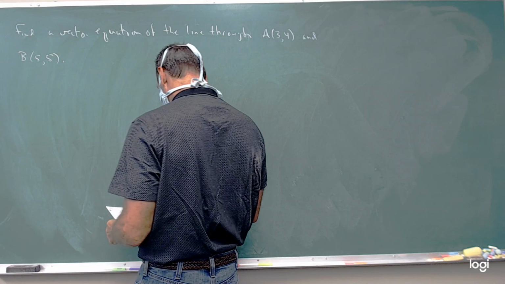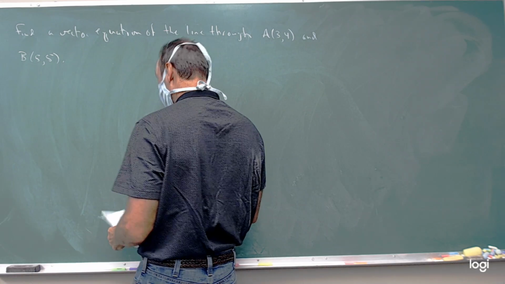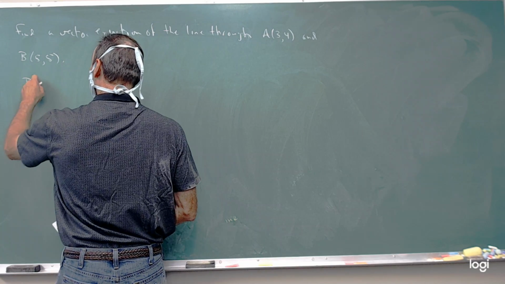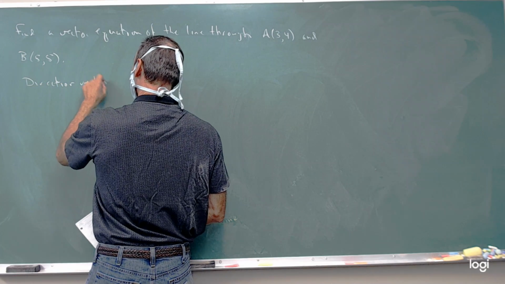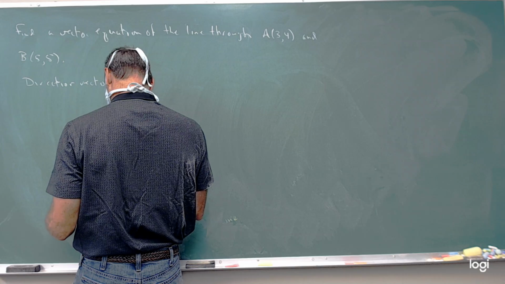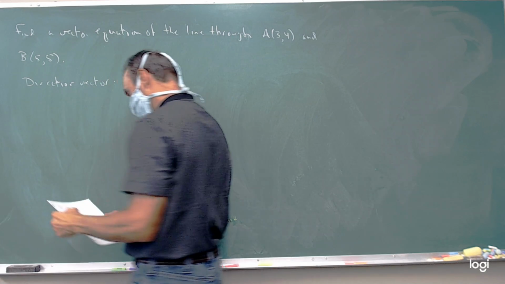So first we're going to come up with the equation. I'm going to want to know what our direction vector is. We're going to have to figure that out along the way. And we'll start with that.